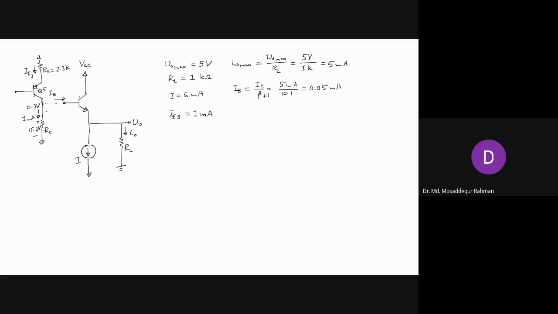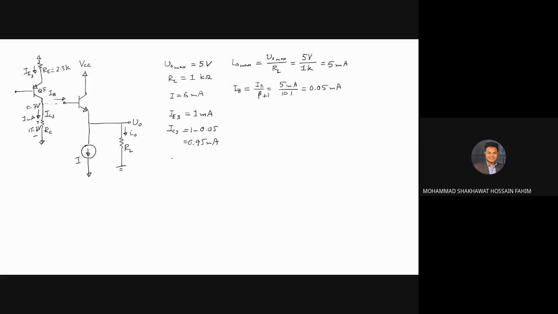Let's say this is IC3. It will be 1 minus 0.05, about 0.95 milliampere. So you need a little bit of adjustment, slightly higher values of RC, to adjust the voltage drop. Is that part clear?